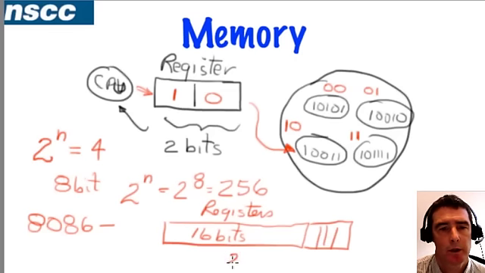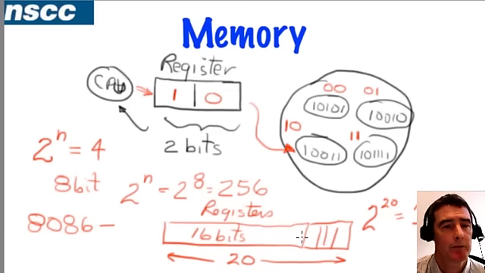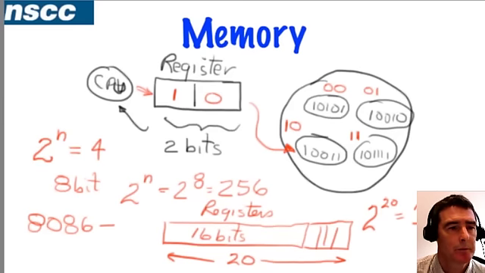So for accessing memory, it had a register that was 20 bits long. So 2 to the 20 gave us a 1 megabyte memory limit. So that's where the memory limits of CPUs come from. Often it comes from the registers. So we've talked a little bit about memory.